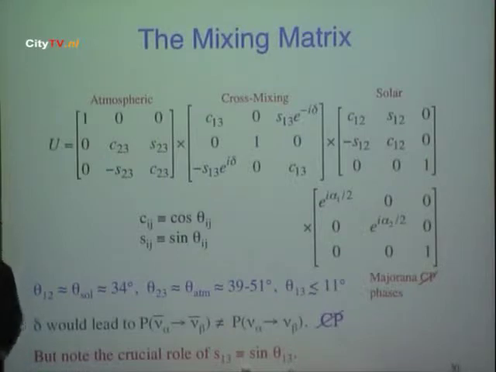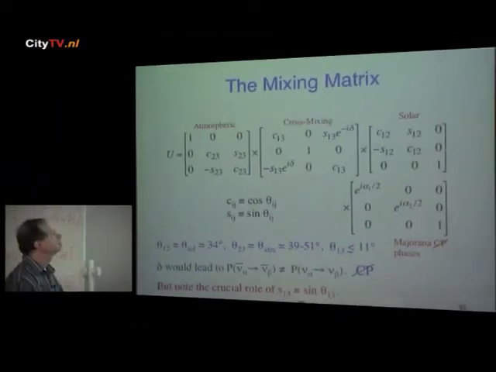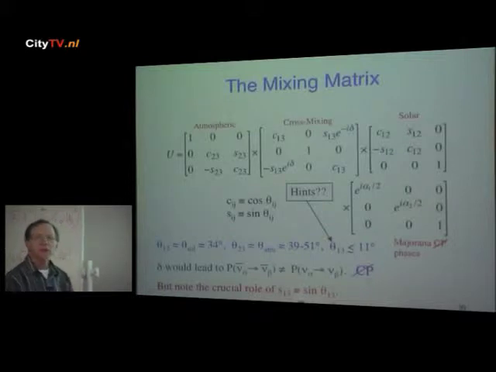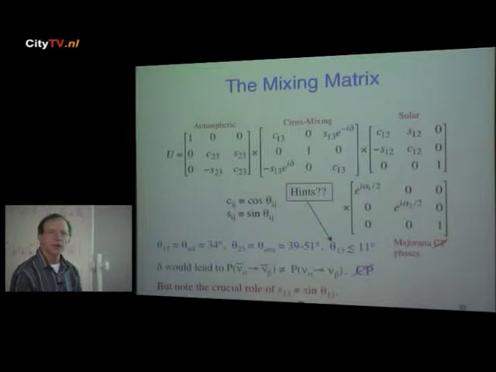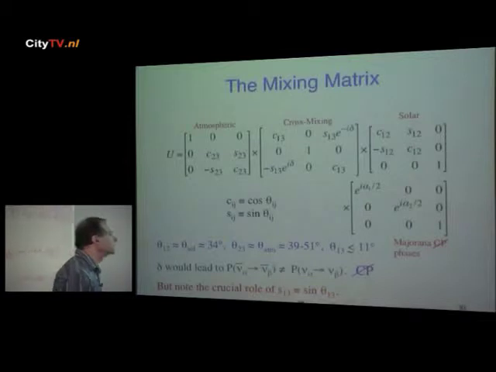So that number is very important. There have been some hints from existing experiments that theta 1,3 is not 0, but these hints are not very strong yet, so I decided not to mention them.